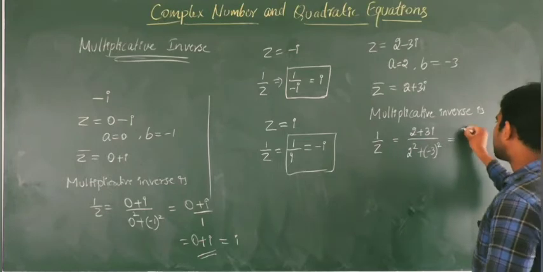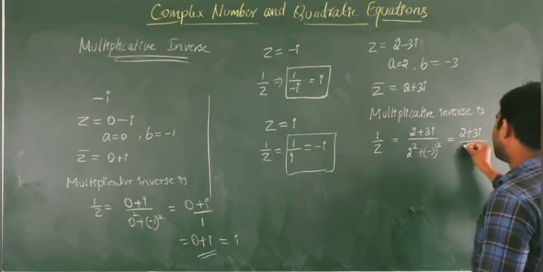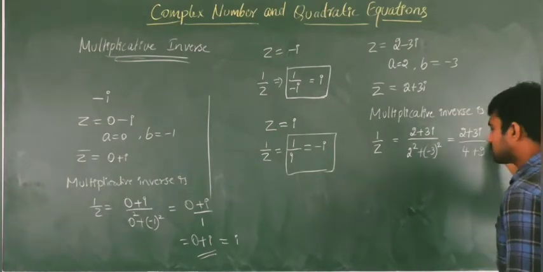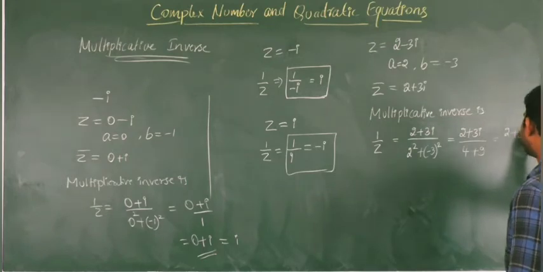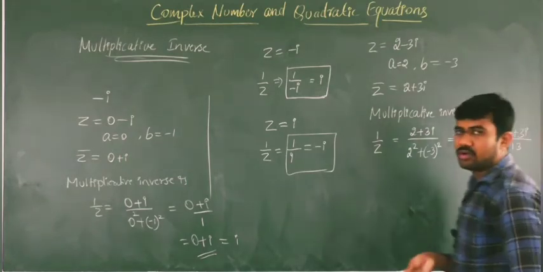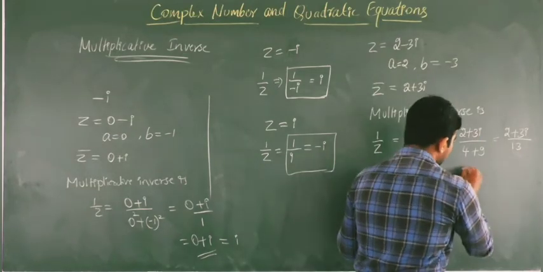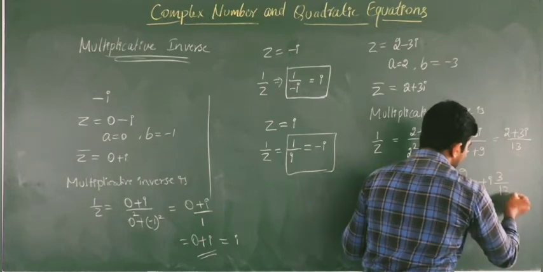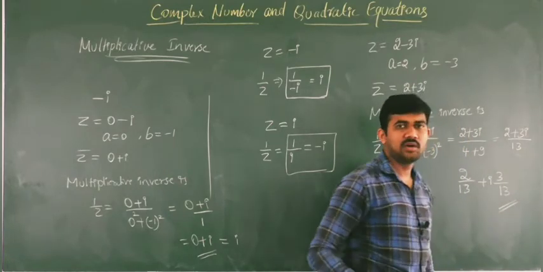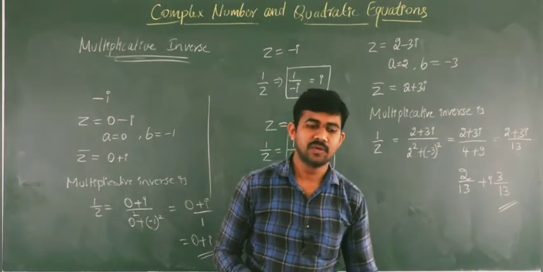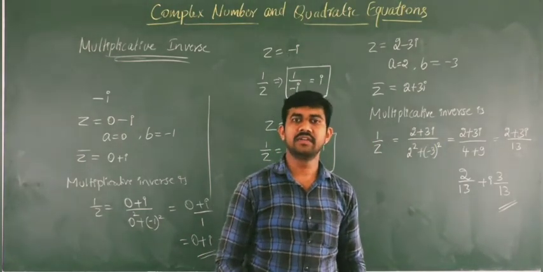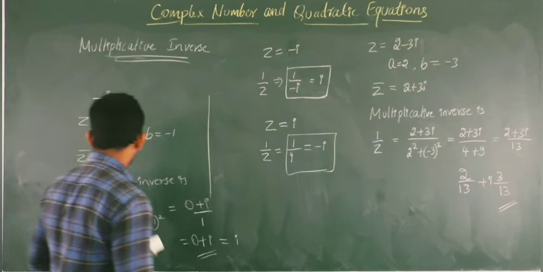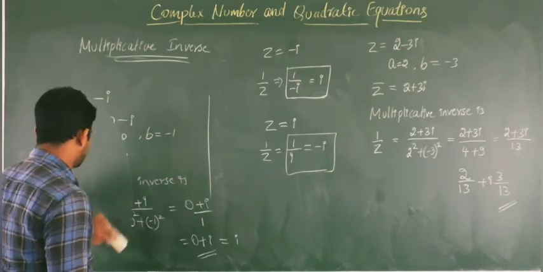This can be written as 2 plus 3i divided by 4 plus 9. 4 plus 9 is nothing but 13, so we get 2 plus 3i divided by 13, or we can write this as 2 divided by 13 plus i into 3 by 13. Okay, so it is clear how to find the multiplicative inverse of a given complex number. Now one more problem I will do. See what is the problem we have.